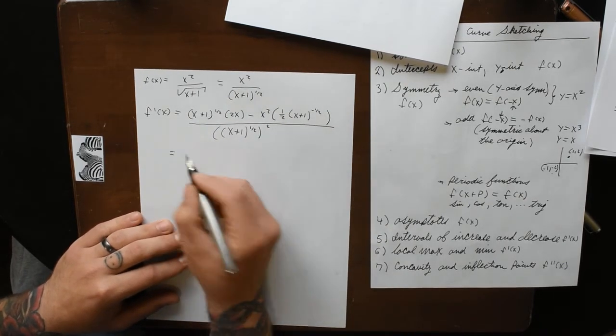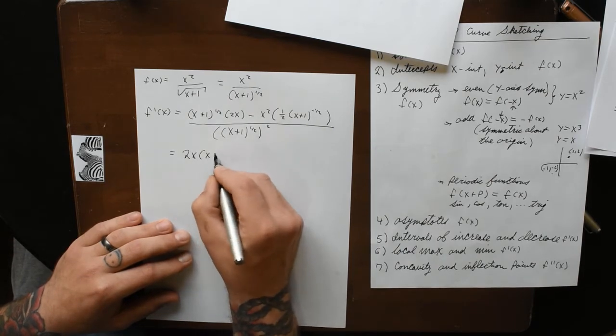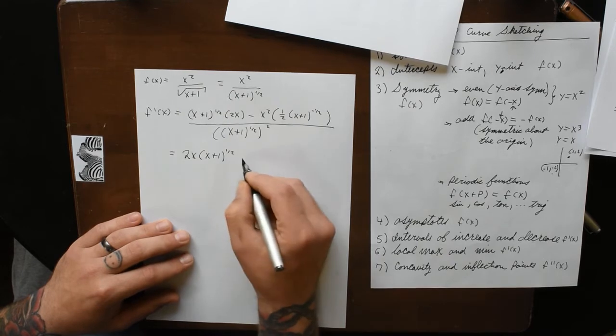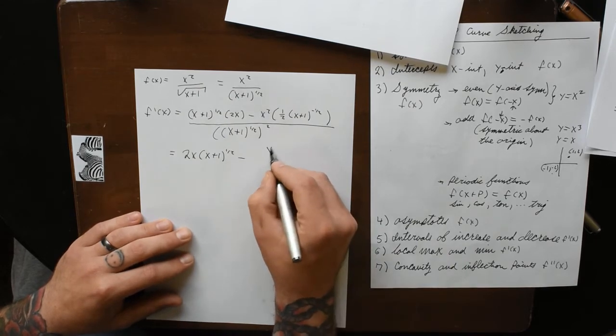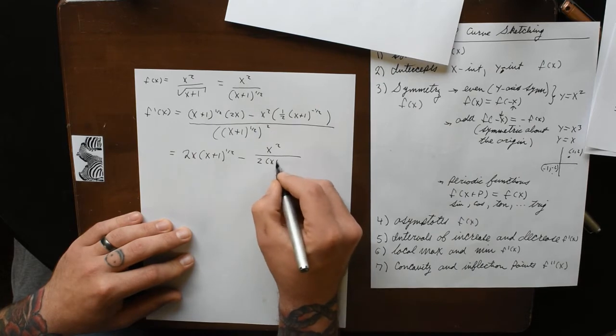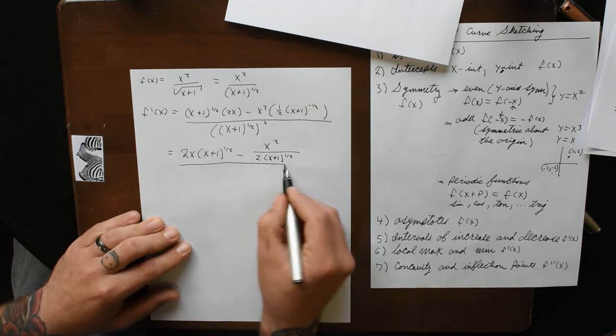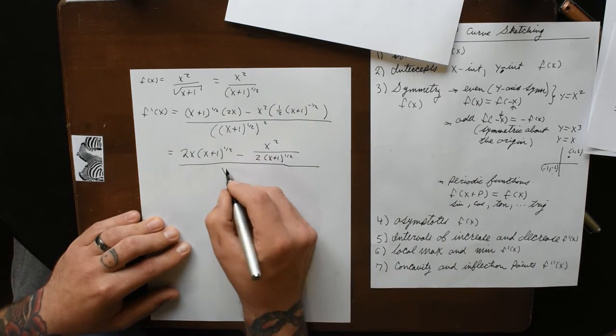I'm going to call this 2x times x plus 1 to the 1/2 minus x squared divided by 2 times x plus 1 to the 1/2, all divided by x plus 1.